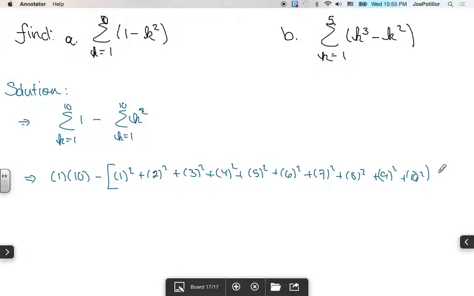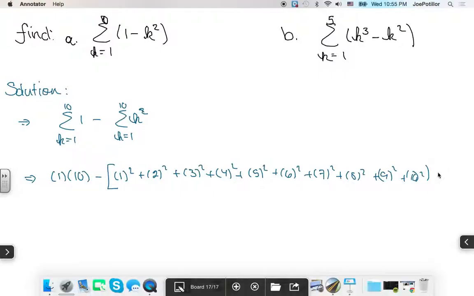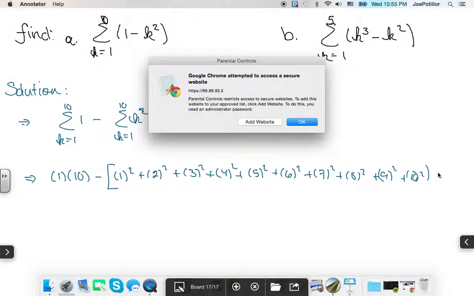And I'm sure, since all of you have fancy adding devices, which can make the math involved here so much easier. So we have 1 to 10 of x squared.